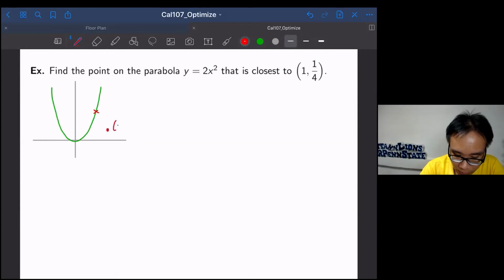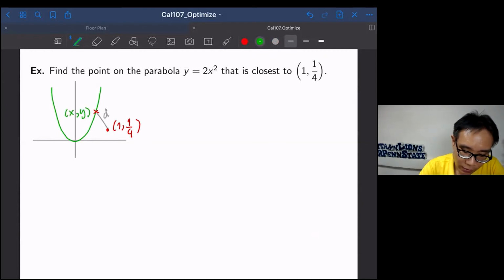Let me put (1, 1/4) here. And you're going to minimize this distance. This will be the distance d, and we would like to find the point (x, y).